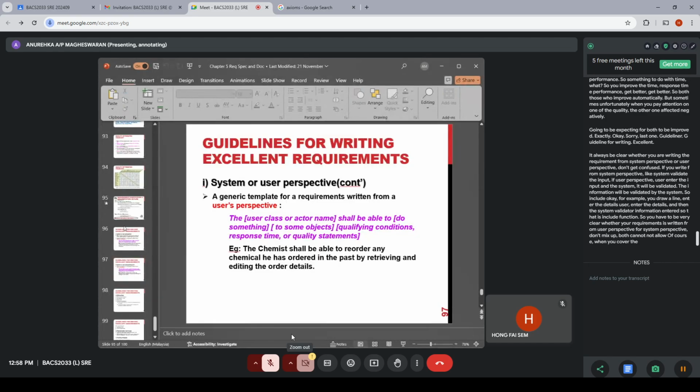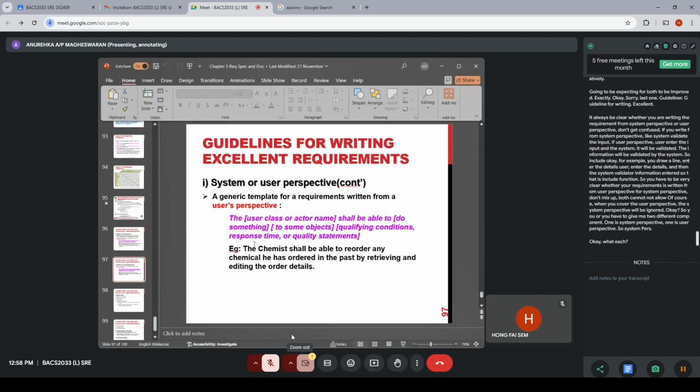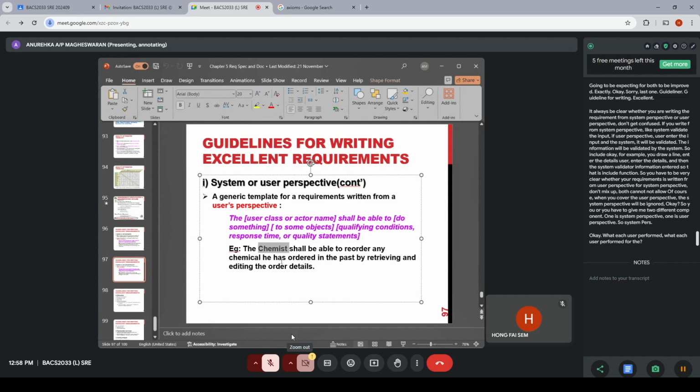When you cover the user perspective, the system perspective will be ignored. So you have to give me two different components: one is the system perspective, one is the user perspective. For the user perspective, write what each user performs. For the system perspective, use a different table or listing to show what happens in this module and what functions are done by the system. You understand or not?